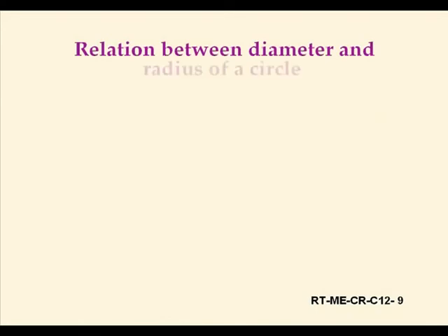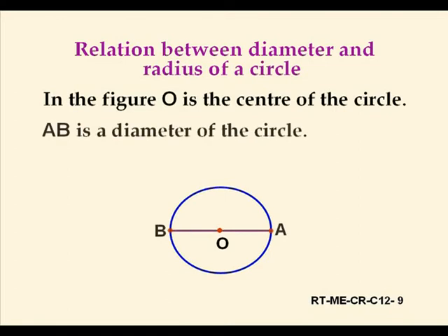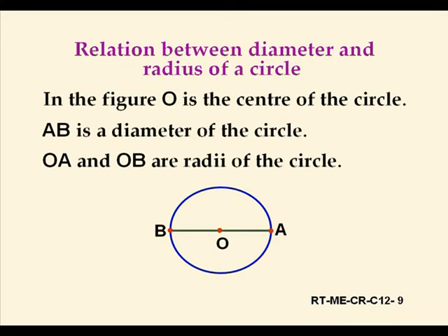Now let us understand the relation between diameter and radius of a circle. In the figure, O is the center of the circle. AB is a diameter of the circle. OA and OB are radii of the circle.